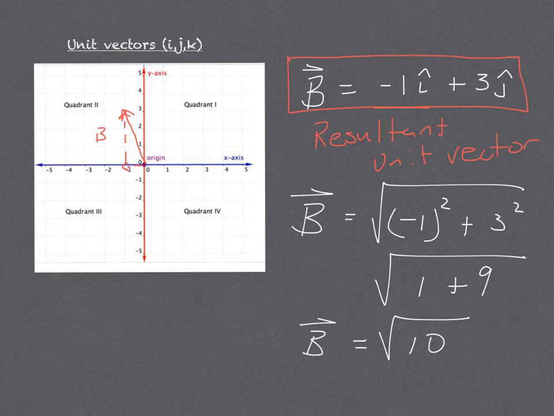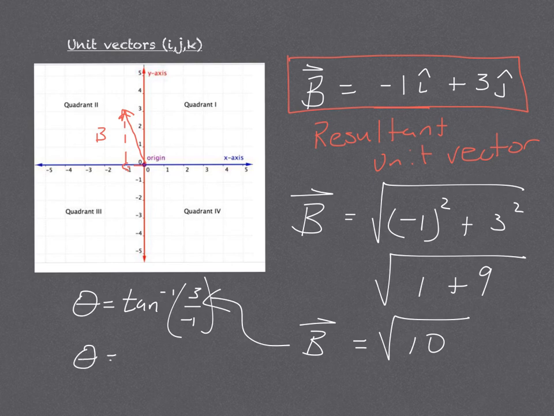The resultant of B would be the square root of 10 plus, we would have to figure out the angle. And we know we use the tangent function, and it's always going to be the y over the x. So here we have 3 over -1, where we actually get an angle of -71.